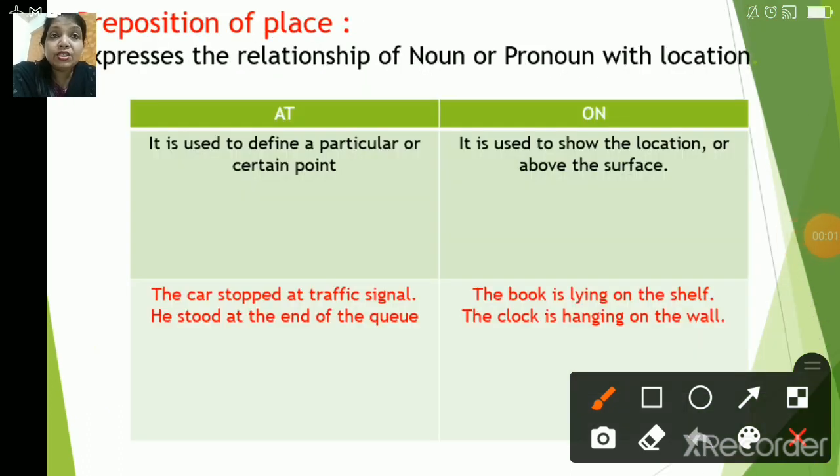Now, preposition of place. Preposition of place, that means express the relationship of noun or pronoun with location. Okay. Now, let us check few examples like the words at, on. Now, when to use these words? Now, this particular word at, it has been used to define a particular or certain point.